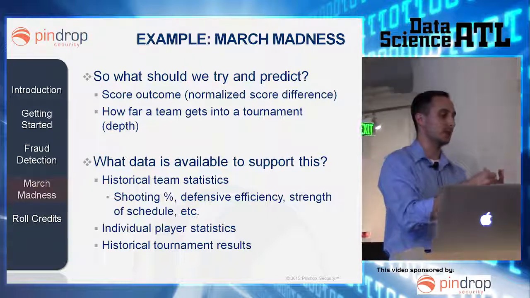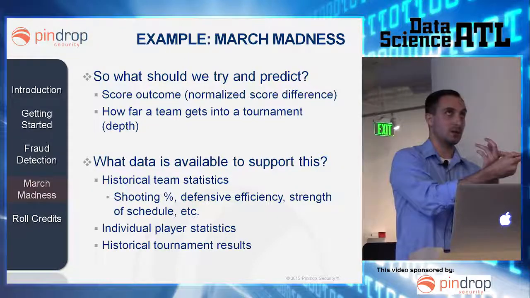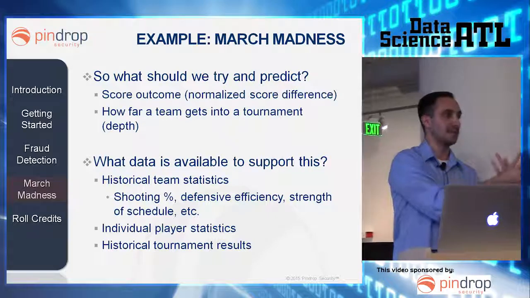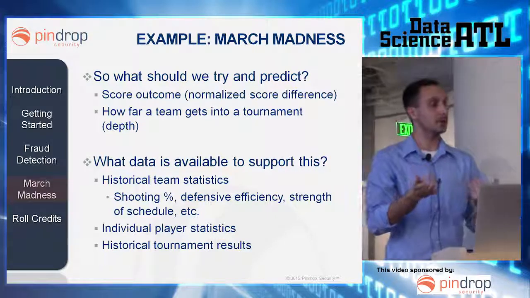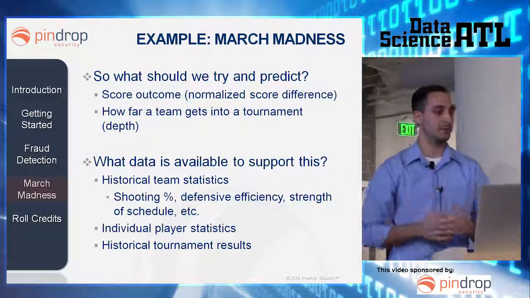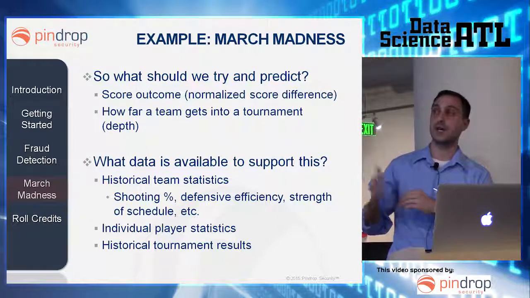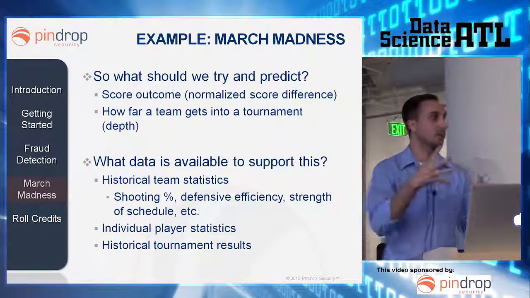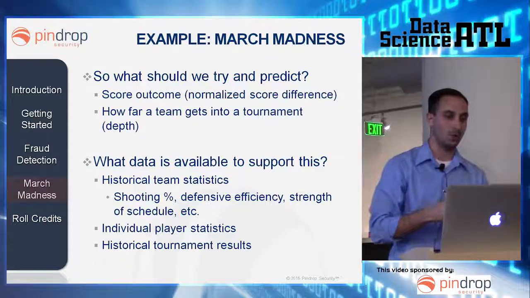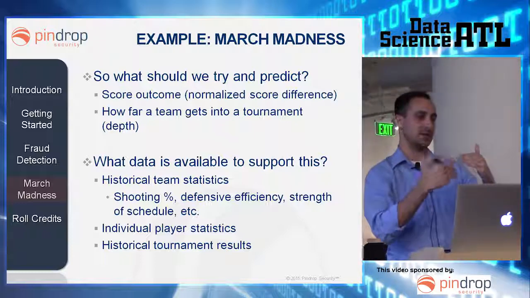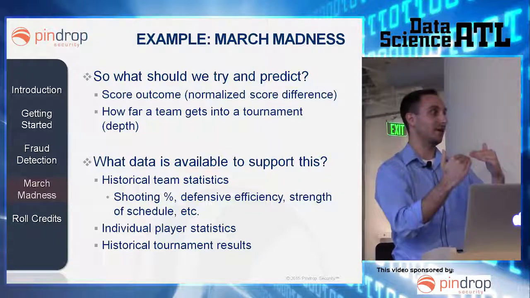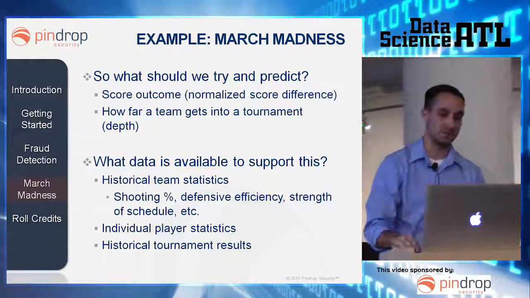All right, so this means like a 0 is they lost in a play-in round, a 1 is they lost in the first round, and so on and so forth, 7 being they won the championship. So that would be a depth format. That's actually what I decided to go with because that's a little bit more amenable to a data science approach, but you can actually suss out the other one from the results of this.